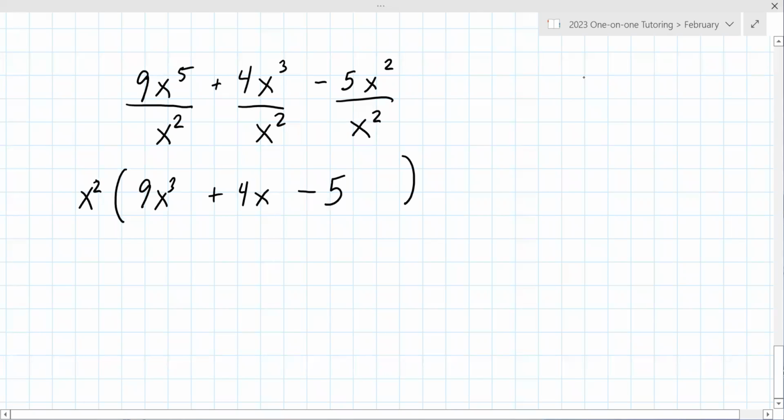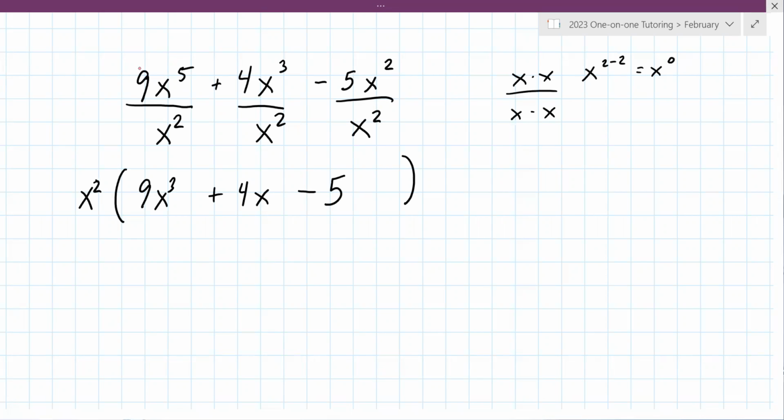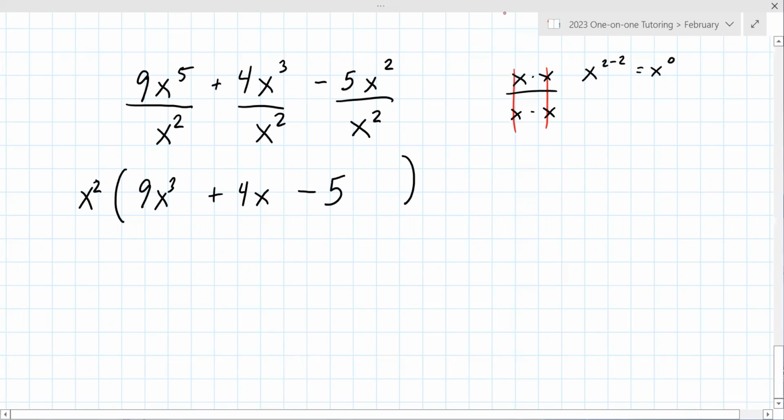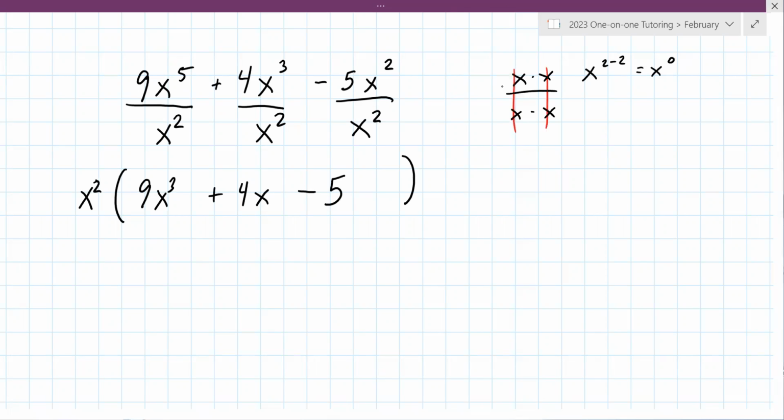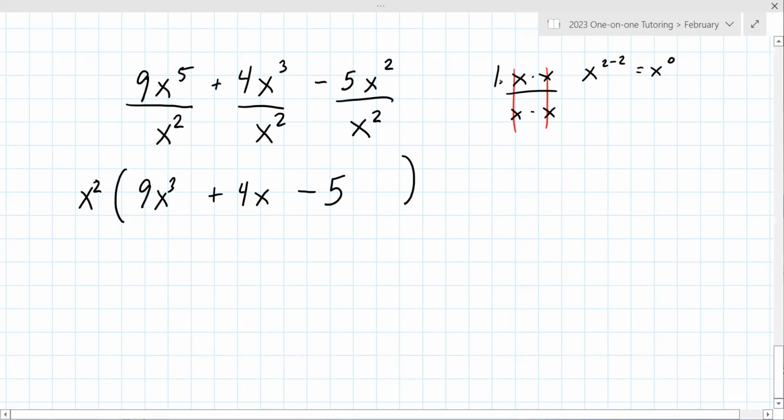Or so there's 2 minus 2 is 0. And if you were to show it out, x over x times x over x, if they cancel, cross out, what's left over? No, not nothing. It's a 1. Nothing would be okay, 0. Is that okay? All right.